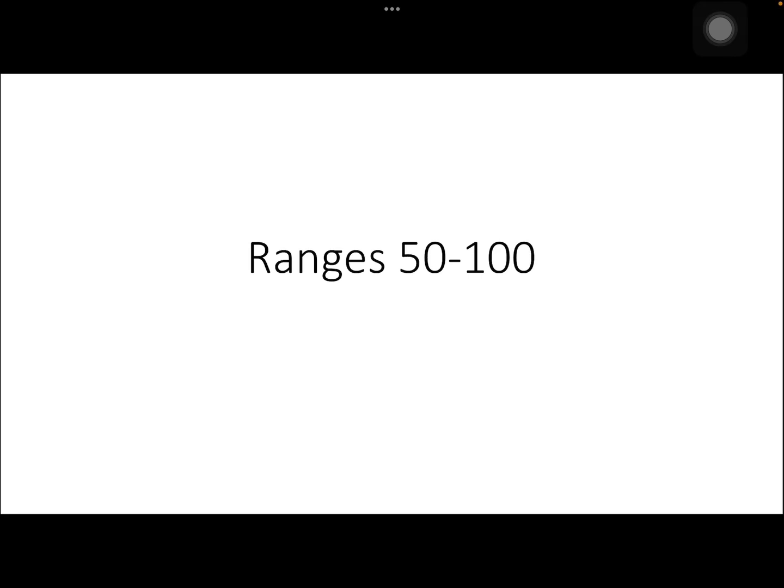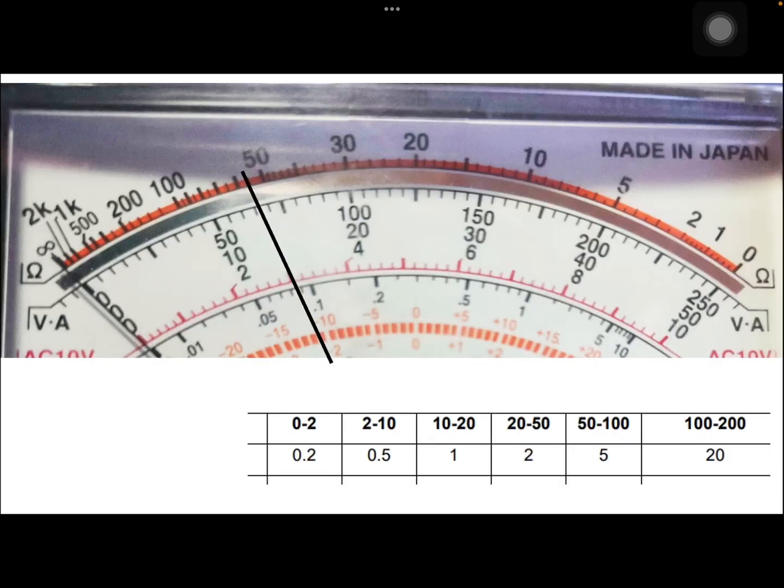Next, let's have ranges 50 to 100. So, 50 to 100, we have 5. Sige nga, hulaan nyo or basahin nyo this one. So we have 60, 70, 80, 90, 95 ohms. If your answer is 95 ohms, then you are correct. Very good.